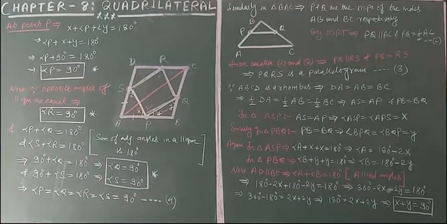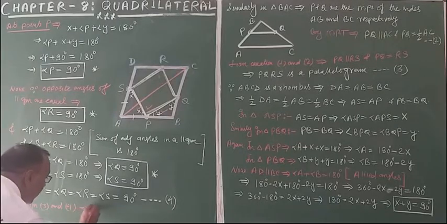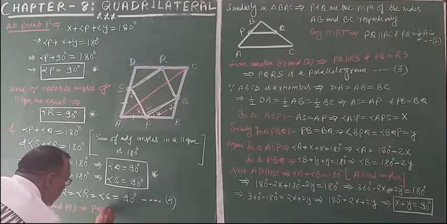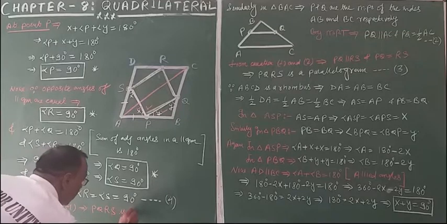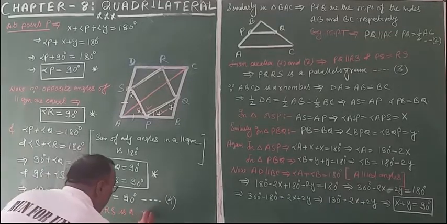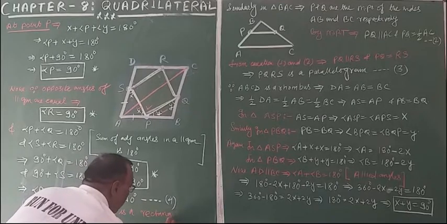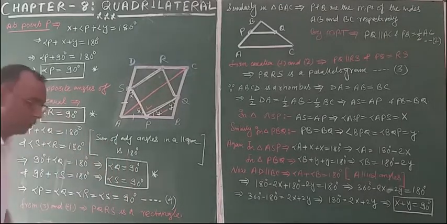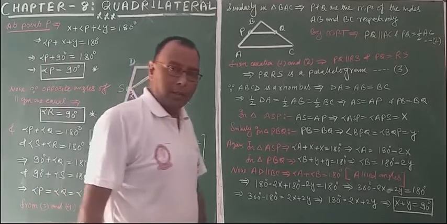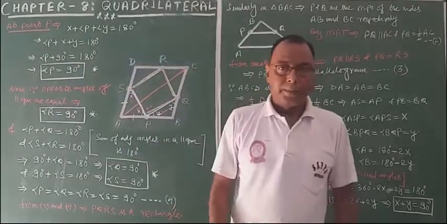So from equation 3 and 4, we can say that PQRS is a rectangle. Is it okay? It means PQRS is a rectangle.